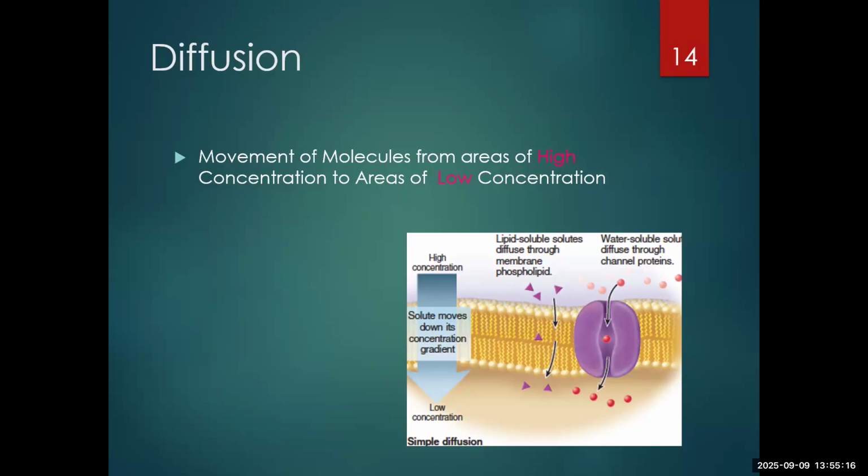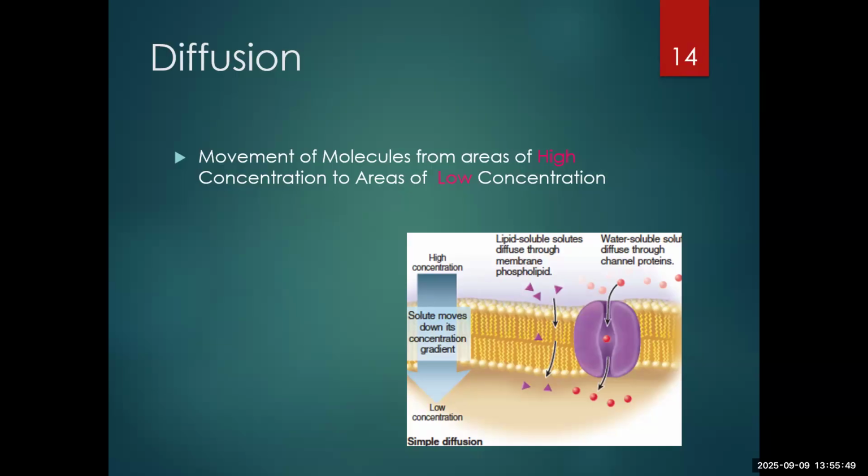So some examples of why this might be important is lipid soluble. Lipid soluble means something that dissolves in fat, and can float right through the plasma membrane if they're small. An example of fat soluble molecules that come through are steroid hormones. So do you know what steroid hormones are?